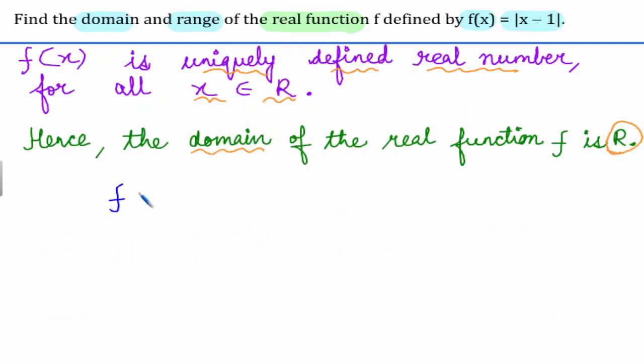Now f of x is given as mod of x minus 1, and mod of x minus 1 is always greater than or equal to 0.